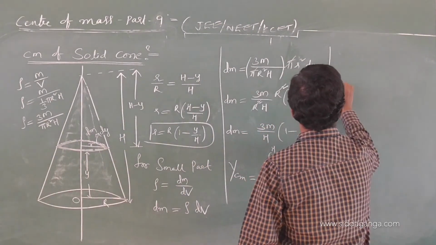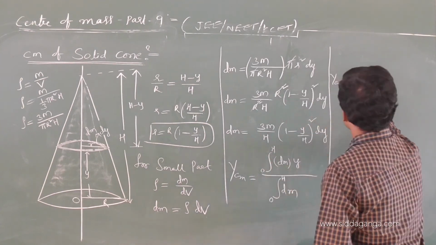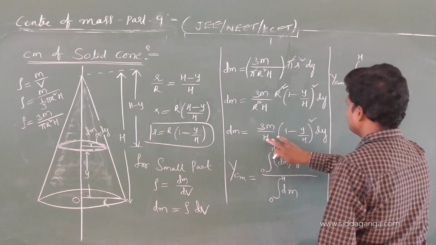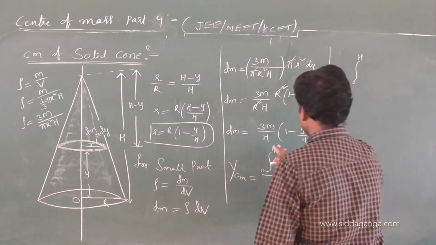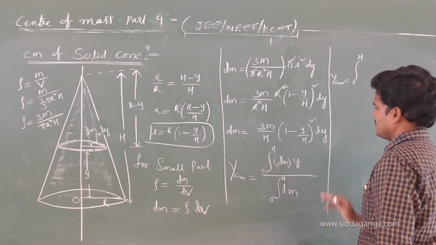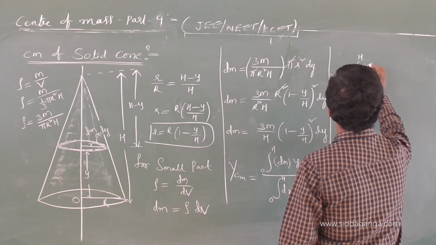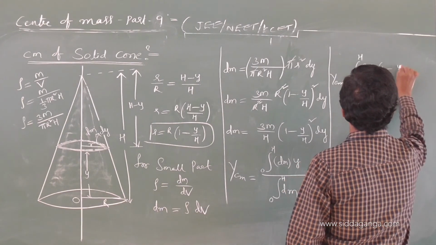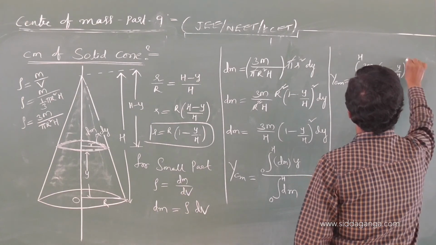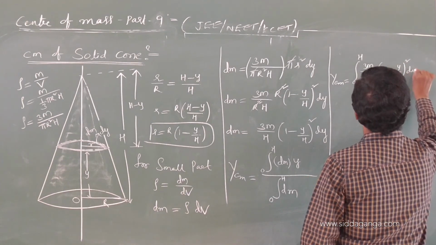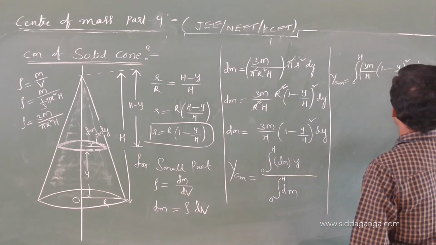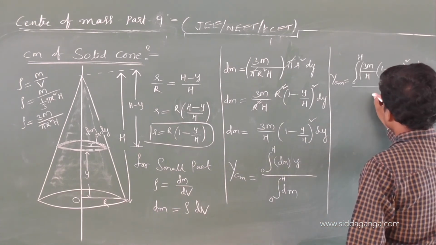So YCM is the integral from 0 to h of dm, which is 3M by h into 1 minus y by h whole square dy, into y, divided by the integration of dm.